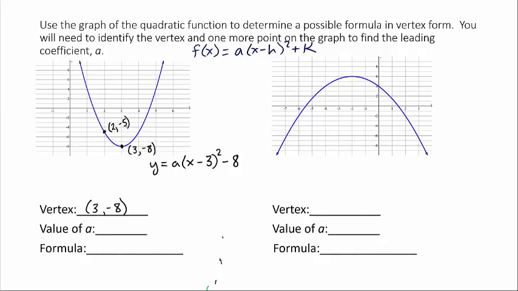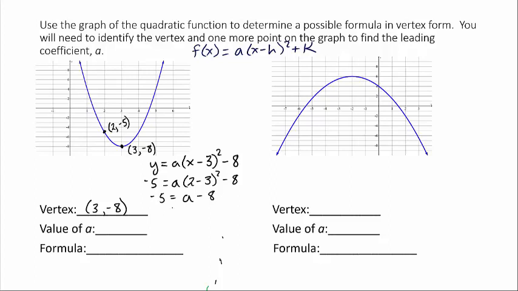Okay. So I'm going to use that point in this formula. So I'm going to have a y value of negative 5 and an x value of 2. And now I have a little equation that's just in terms of a, and I can find a. All right, so let's do the arithmetic here and solve for a. So 2 minus 3 is negative 1, but I'm squaring it. So I end up with just a, minus 8.